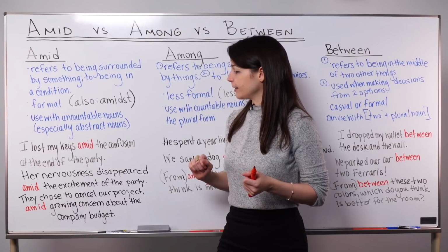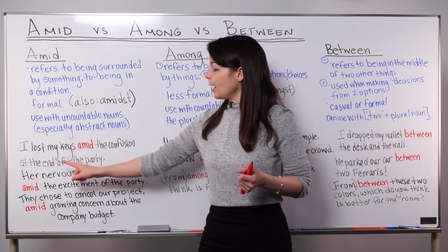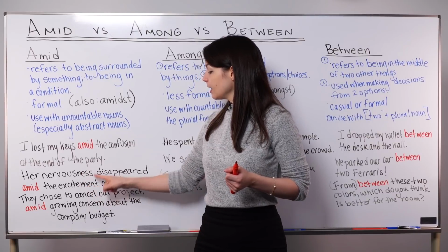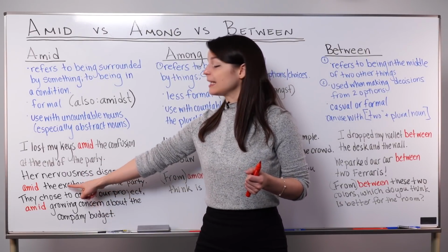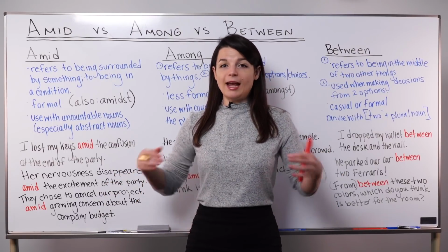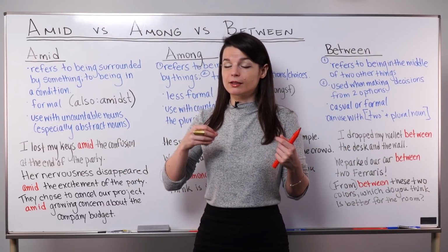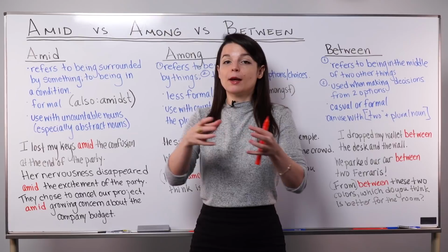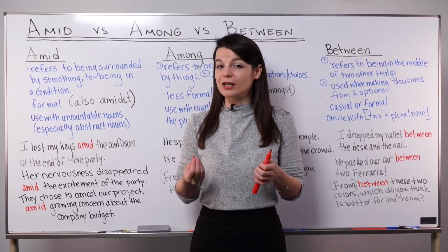Let's look at one more example. Her nervousness disappeared amid the excitement of the party. So here, my noun is excitement, the excitement of the party. So we imagine being at a party, and it's an exciting condition. So amid the excitement means being inside the condition of an exciting situation.